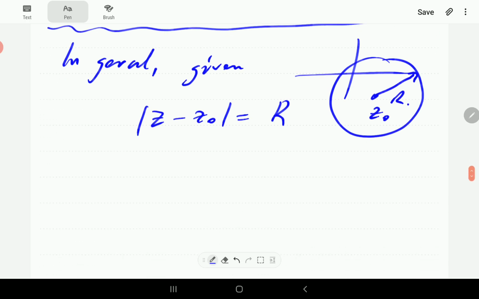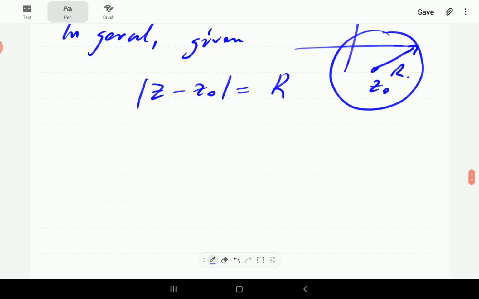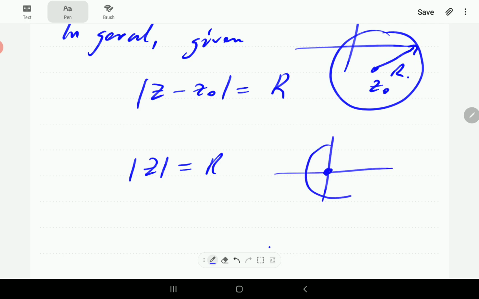We need to derive a parametric equation for this. Maybe it's going to be easier if we start with the one where z naught is equal to 0. So let's start with this one, centered at the origin, and the radius is r.